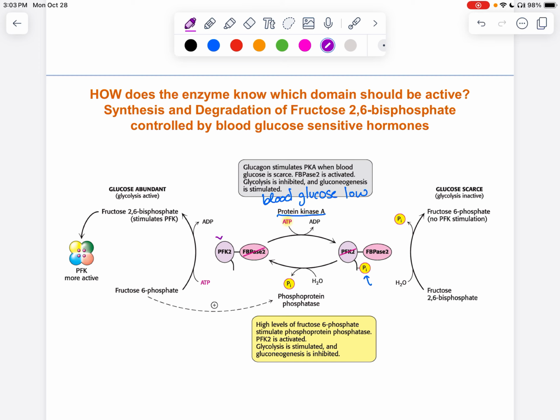All right, so when this PFK2 section is active, it generates fructose 2,6 bisphosphate and speeds glycolysis.